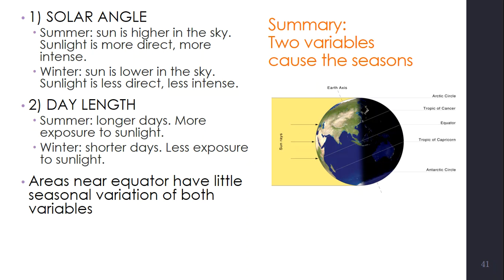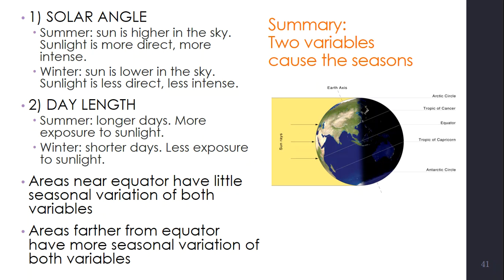Areas near the equator have little seasonal variation due to both of those variables, right? The equator has a very high solar angle and is getting a lot of sunlight all year long. So it's going to be hot there all year long. Areas farthest from the equator have more seasonal variation of both variables, right?